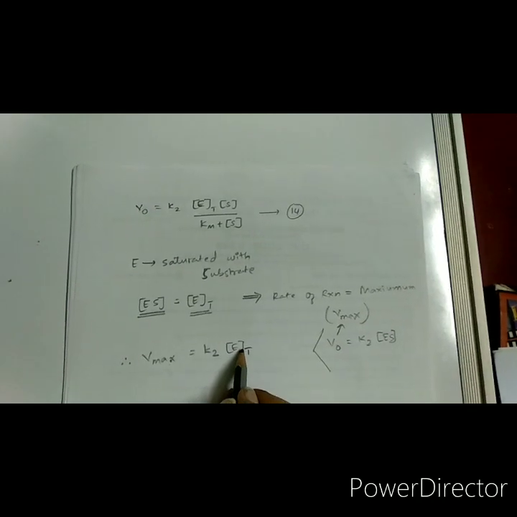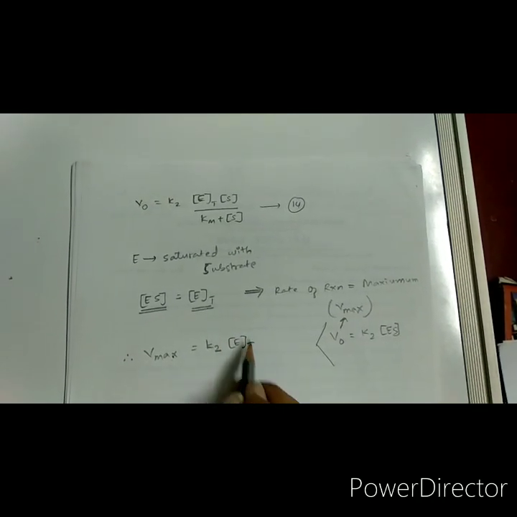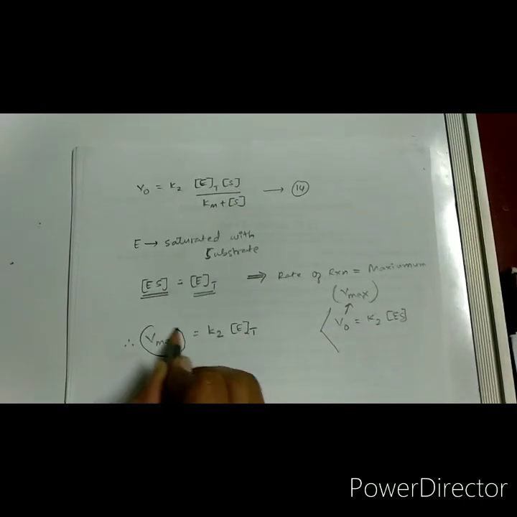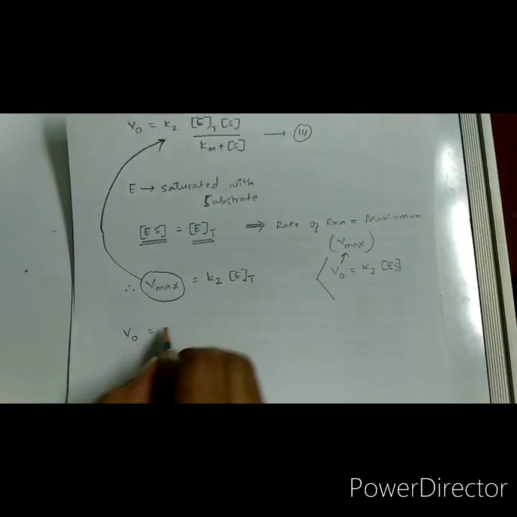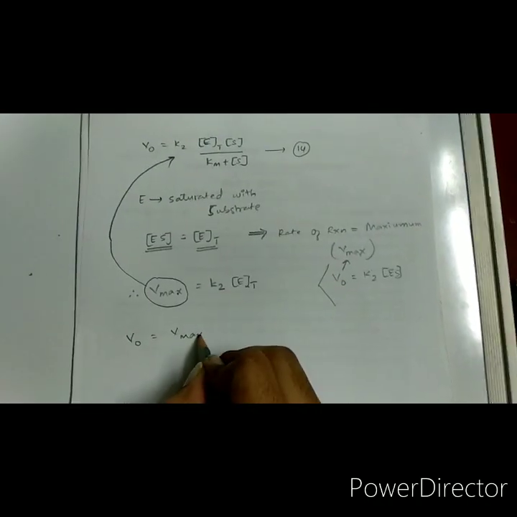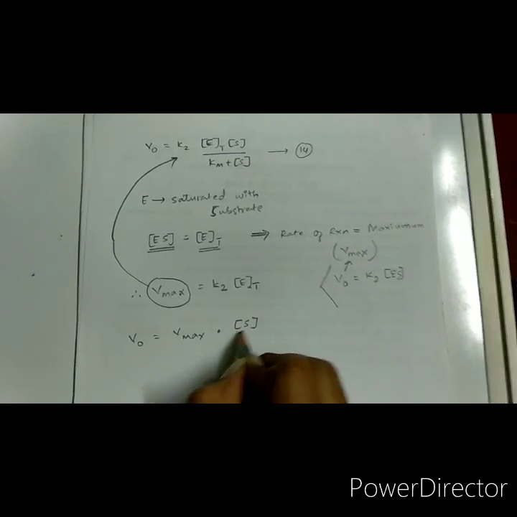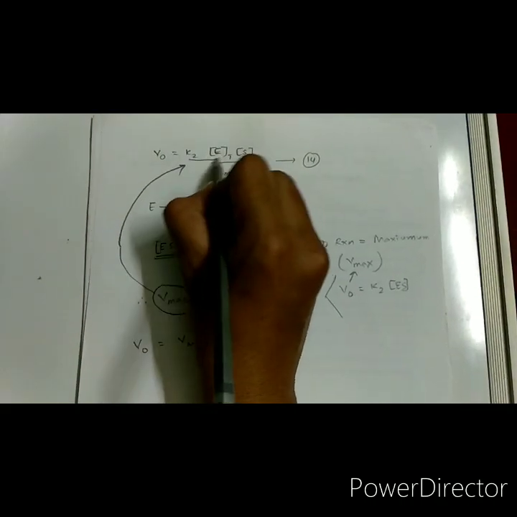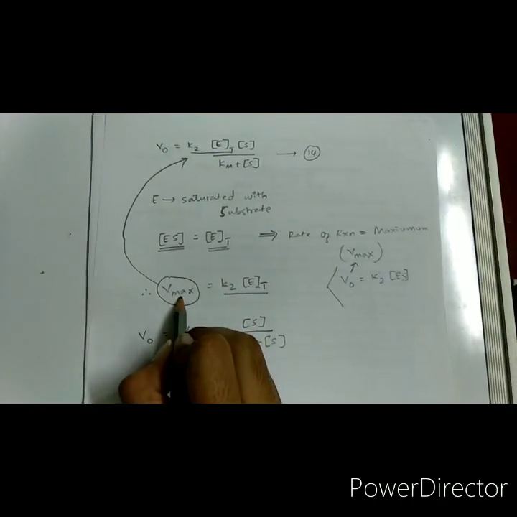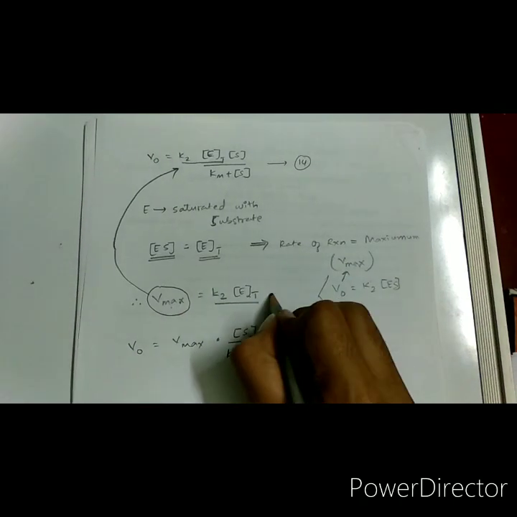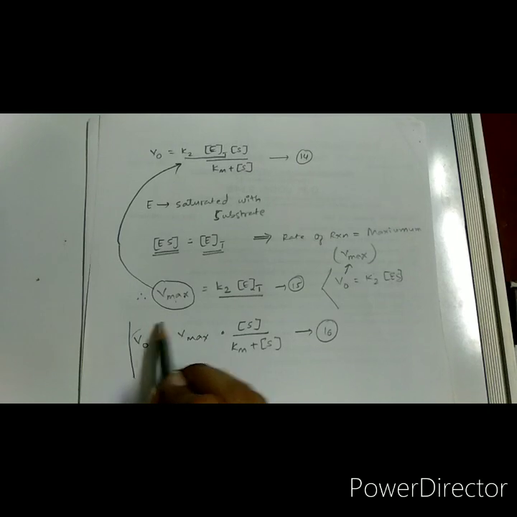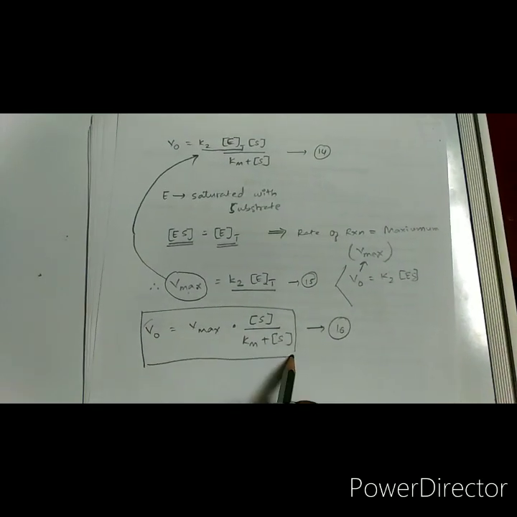Now substituting the value of K2Et as Vmax in this equation, we get V0 is equal to Vmax into S divided by Km plus S. You can see here K2Et has been substituted by the Vmax value. So now this equation is our Michaelis-Menten equation.